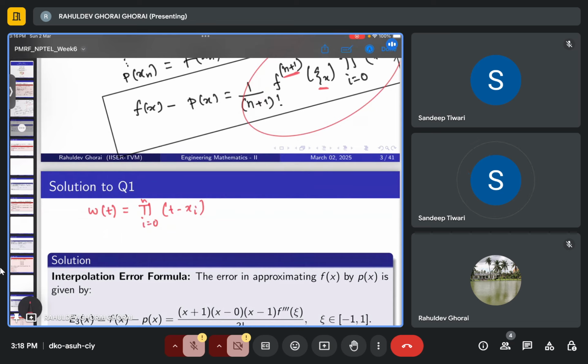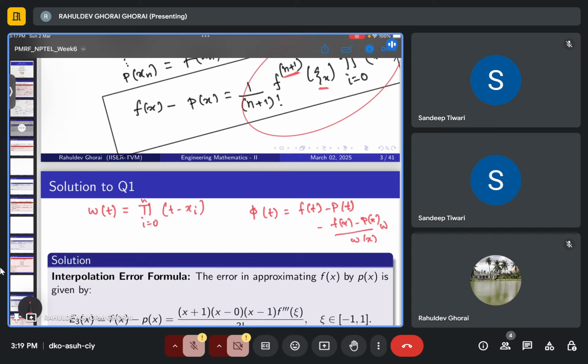Then you take another function, f of t minus p of t, and so on. It is a little bit constructive, and you can show it for a general one.